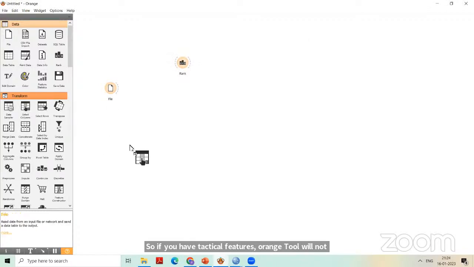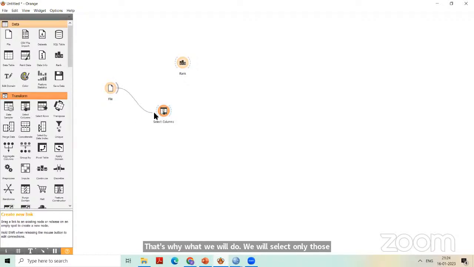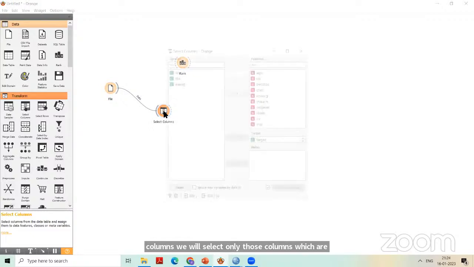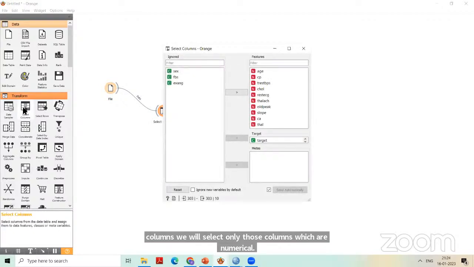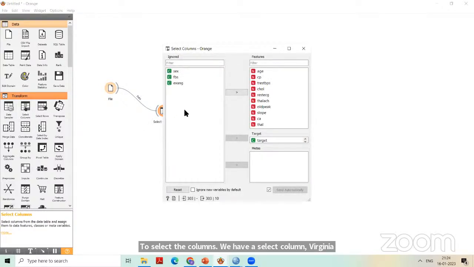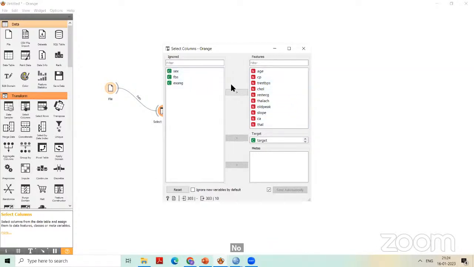That's why we will select only those columns which are numerical. To select the columns, we have a Select Columns widget here. So I am taking the Select Columns widget and I am selecting only the features which are numerical. So 3 features are ignored and all the numerical features are selected.